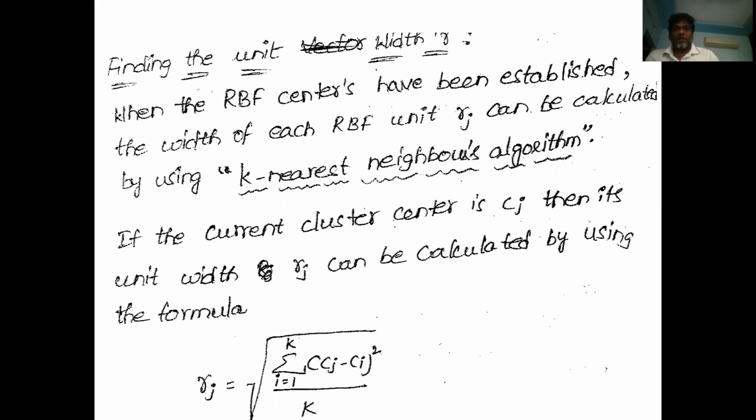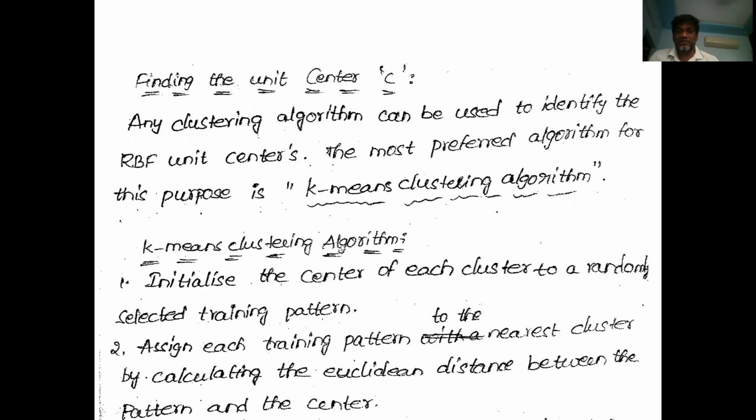So when RBF centers are established, the width of RBF unit Rj, that is the unit width of RBF unit Rj, can be calculated by using the K nearest neighbors algorithm. For identifying centers, we used the K means clustering algorithm.